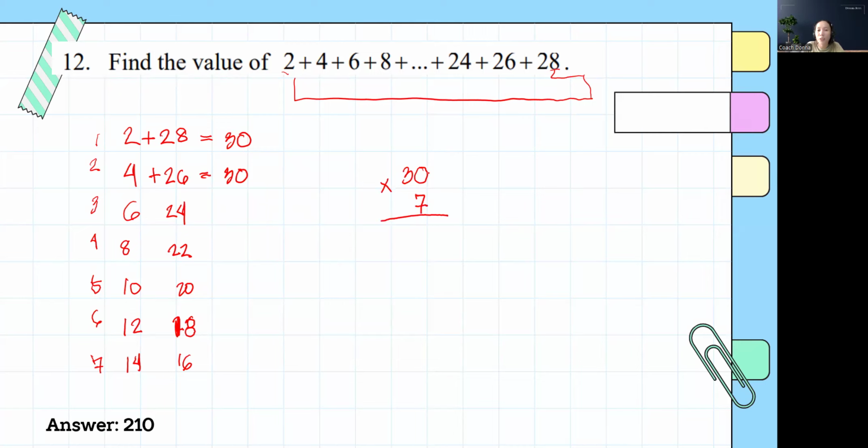Remember, when it's a number that ends in 0 we're multiplying with, we can just set aside that 0 and multiply 7 and 3. 7 times 3 is 21, and then copy the 0 right here. So that's 210, and that's how we get our answer shown here. That's it. Thank you.